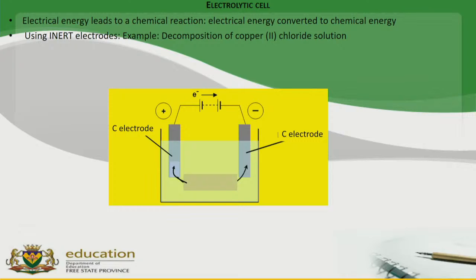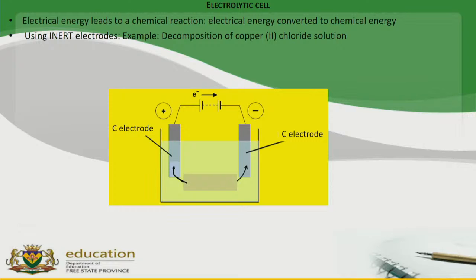So for example, there's a battery here, so that the electrical energy from the battery can cause the reaction of the chemicals. So without that electrical source, there won't be a reaction of those chemicals.